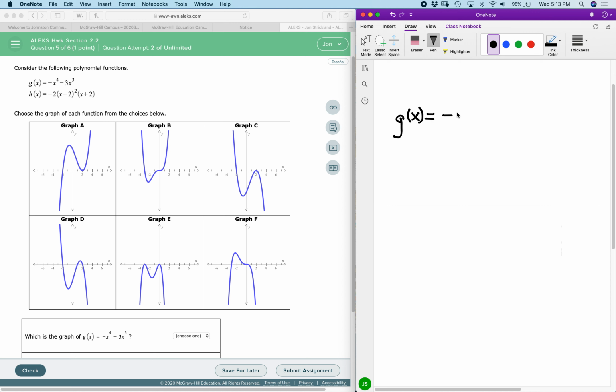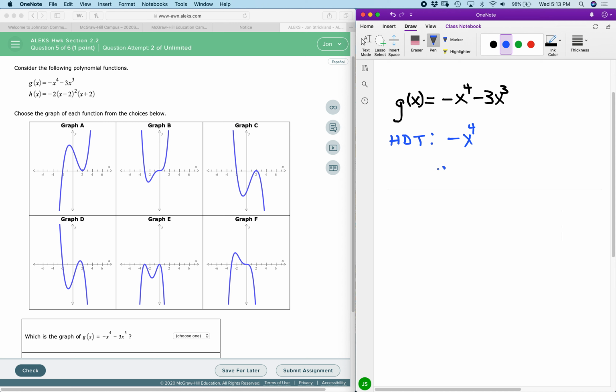we have g of x is equal to negative x to the fourth minus 3x cubed. Now for the highest degree term, let's say we have h d t, highest degree term, so we have negative x to the fourth.